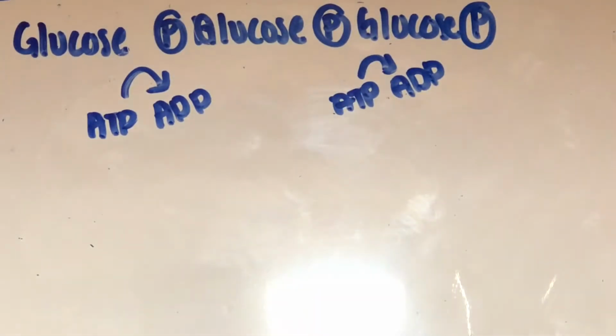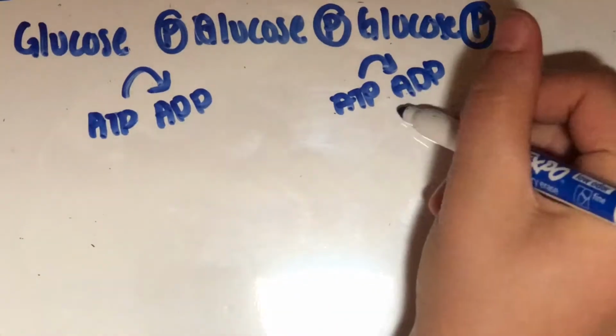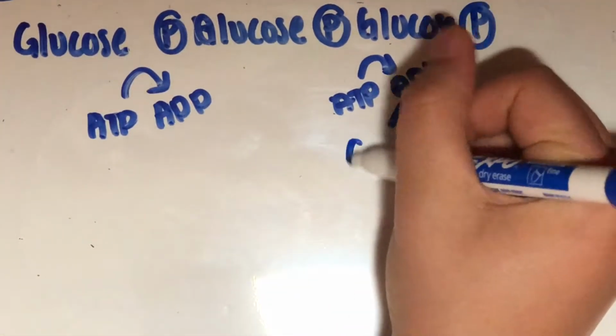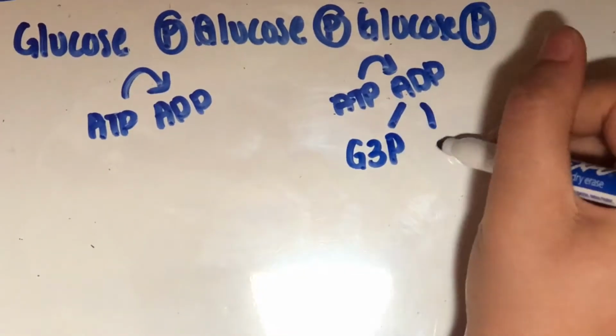Now we have this 6-carbon structure which is phosphorylated on both sides. This is where this unstable structure will break down into two different molecules known as G3P.